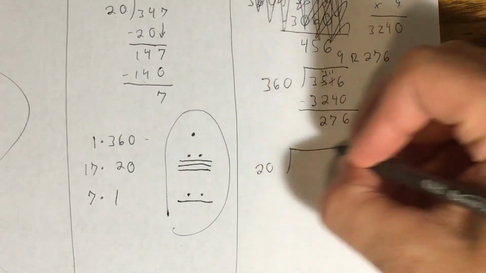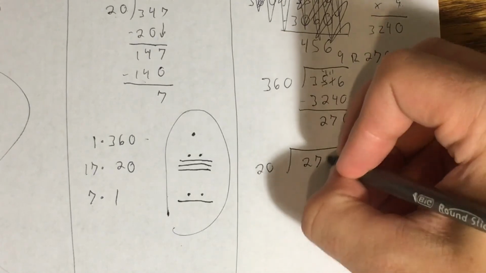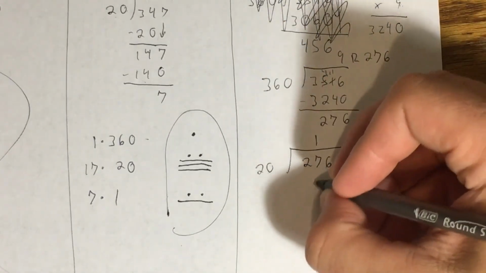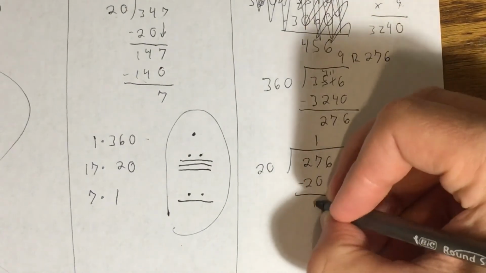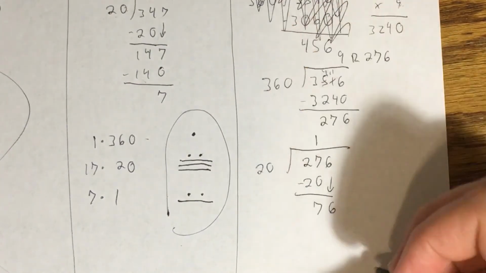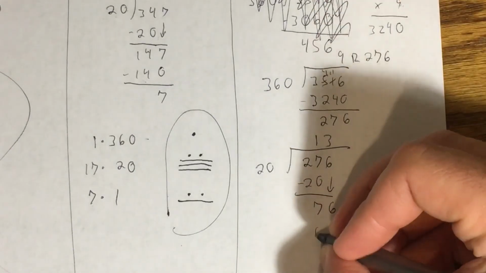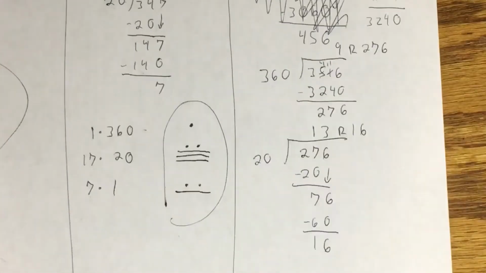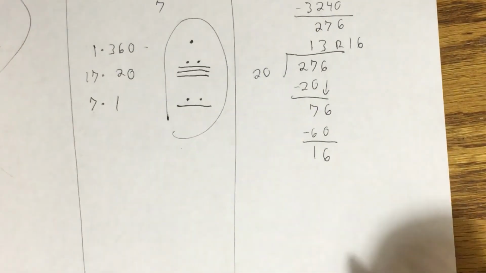I divide that remainder, 276, by 20. What do we get? 20 goes into 27 once. Bring down a digit. 20 goes into 76 3 times. I'll get a 16 here. That's going to be my remainder. Okay, what does this tell us?